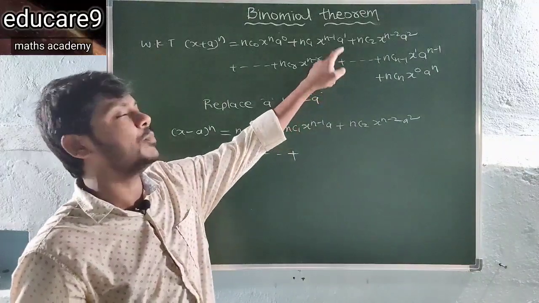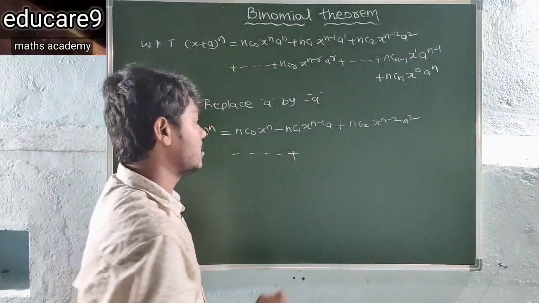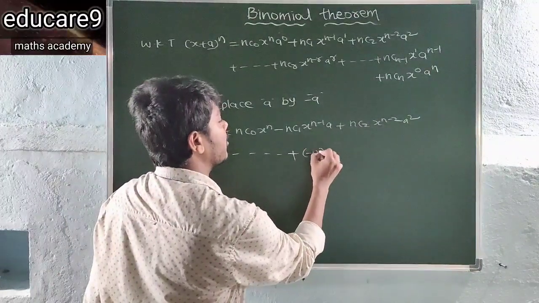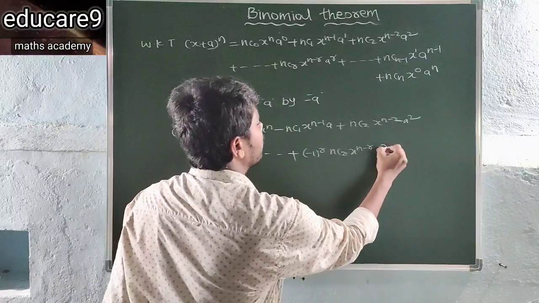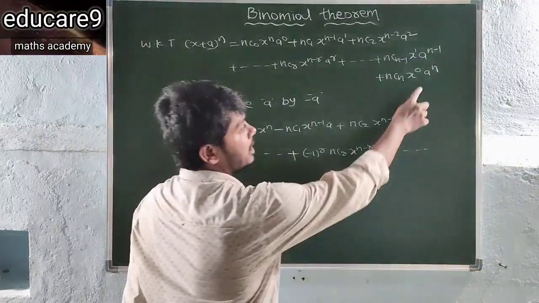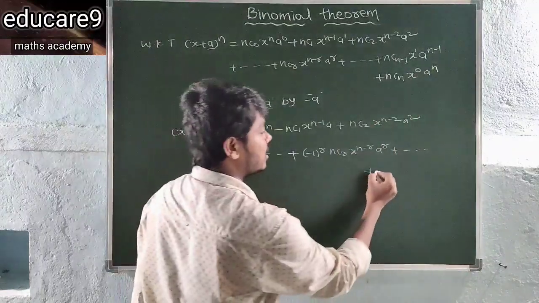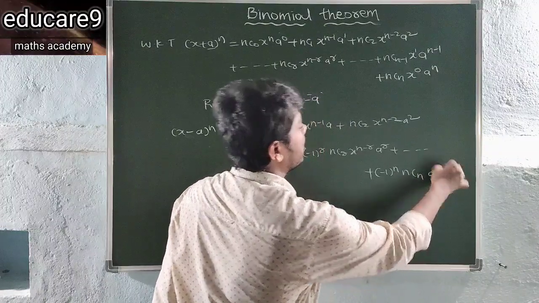So here replace a by minus a. So (minus a)^r can be written as (minus 1)^r into a^r. That is (minus 1)^r nCr x^(n-r) a^r and so on. So see here also, replace a by minus a. That is (minus 1)^n nCn a^n.